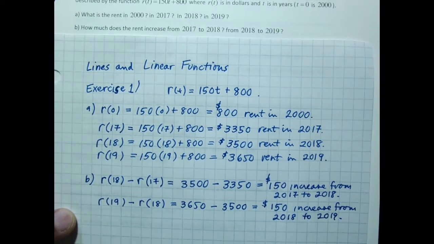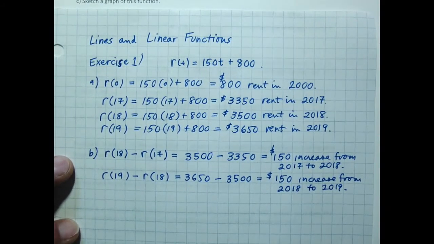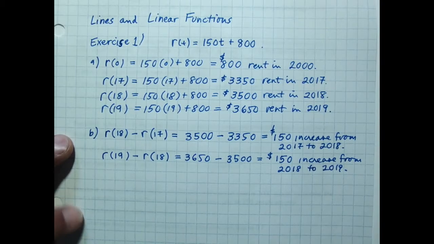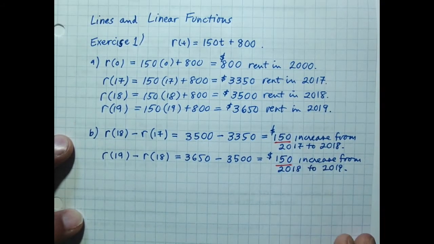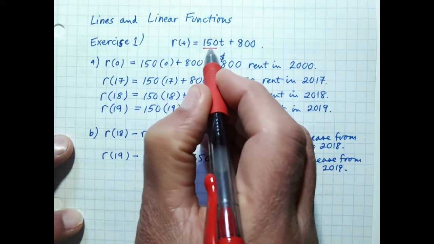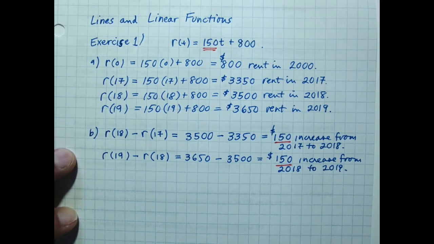Okay, so we got A and B answered. Of course, I think you probably already noticed that this 150 that we got here and this 150 that we got here is related to the 150 in the formula. That's actually the slope of the linear function that's involved here, right?